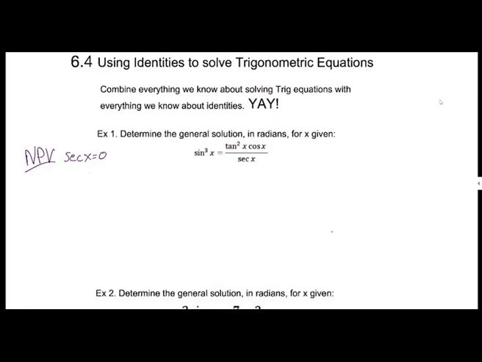If secant is equal to 0, that gives us 1 over cos x is equal to 0, which gives us 1 equals 0 if I multiply by cos, which doesn't make any sense because there are no values of x where secant will be undefined.